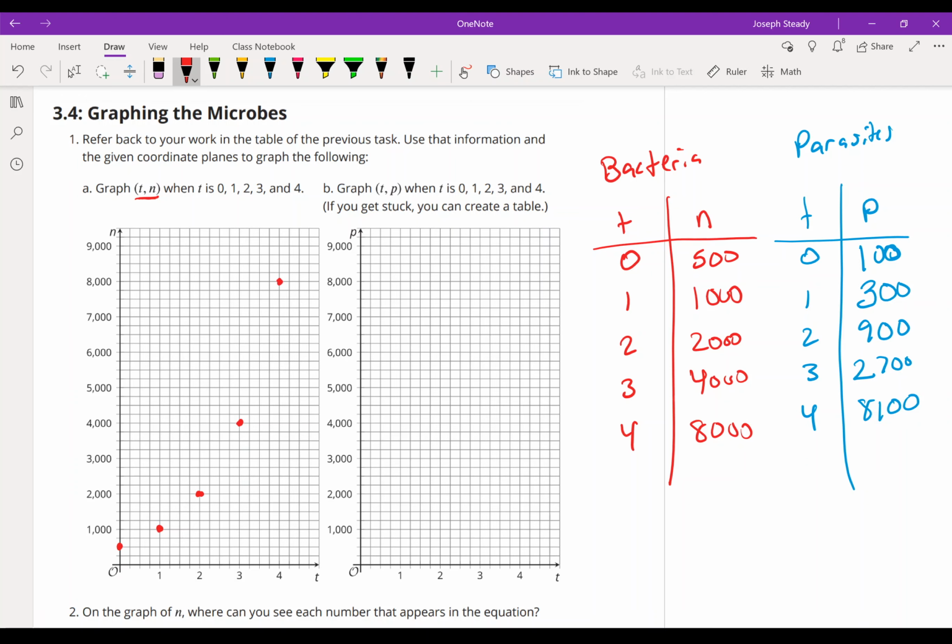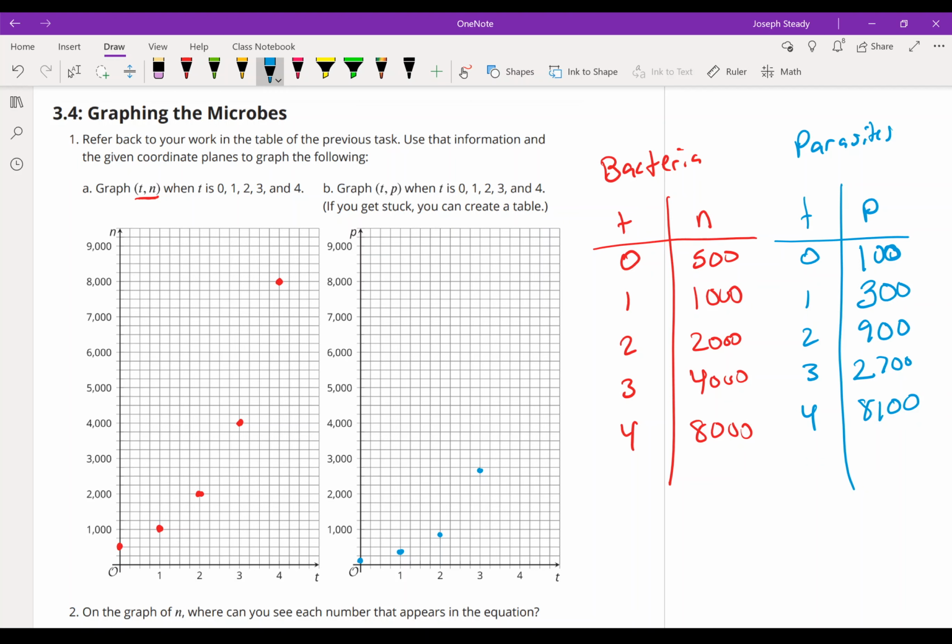Now we can do the same thing for the parasite population. It starts out at 0 comma 100, which is down here somewhere, and then 1 comma 300, which is still actually pretty low, 2 comma 900, 3 comma 2,700. Now we're getting up somewhere. So it's right around here.